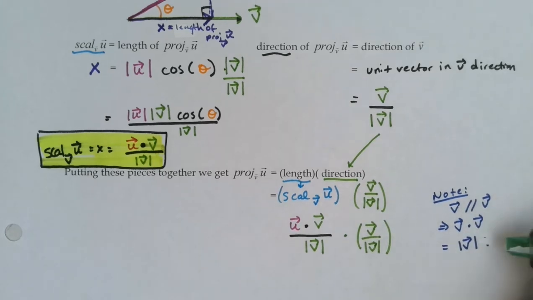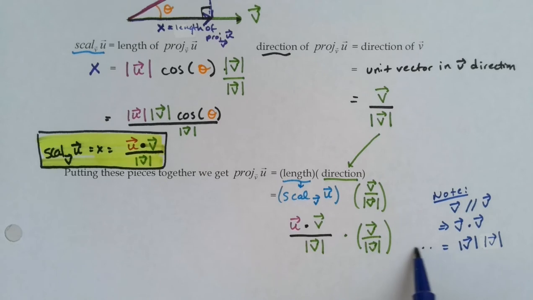It has to do with the definition of dot product for parallel vectors back several pages. So this is the case, and that's going to help us with our denominator. So the denominator is going to be v dot product with v.